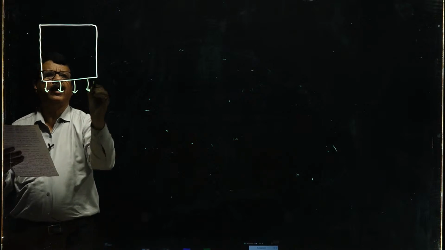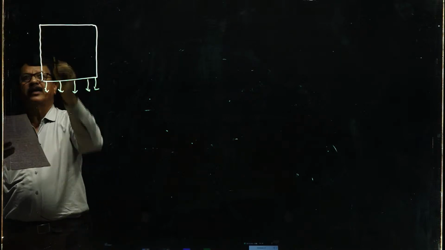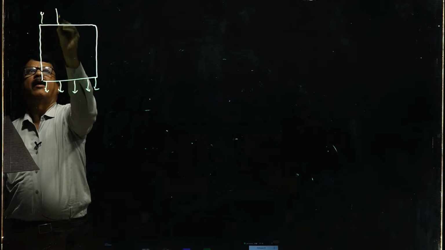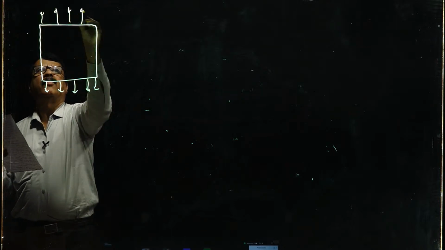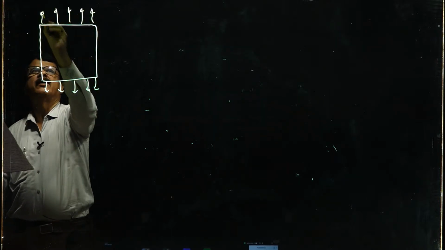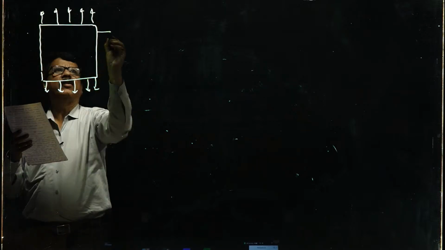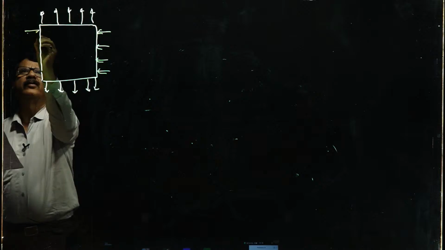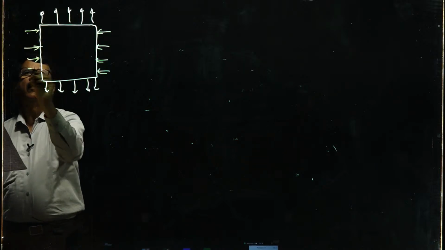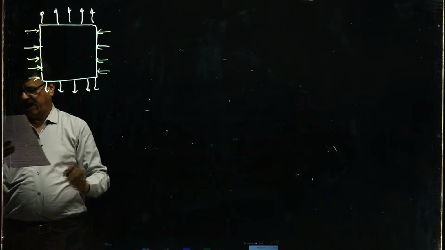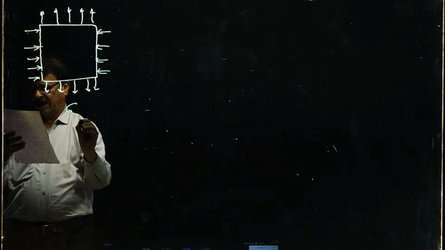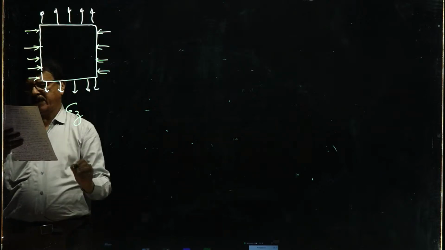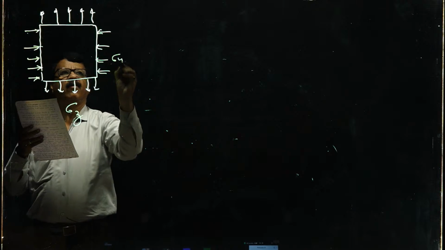We take the two-dimension case. On the upper and lower face, it is subjected to tensile force, and on the other side, it is subjected to compressive force. Sigma Z, sigma Y.